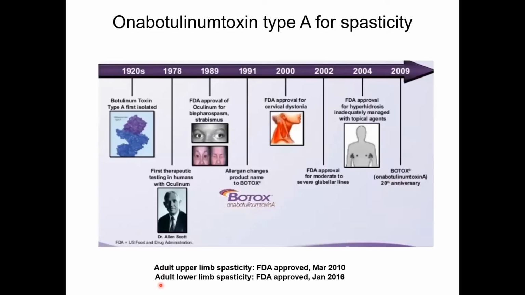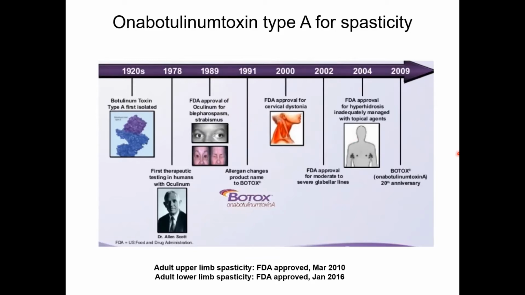The first example is botulinum toxin type A use for spasticity. Botox was first approved for blepharospasm or strabismus in 1989, and the company has expanded therapeutic indications with clinical trials.